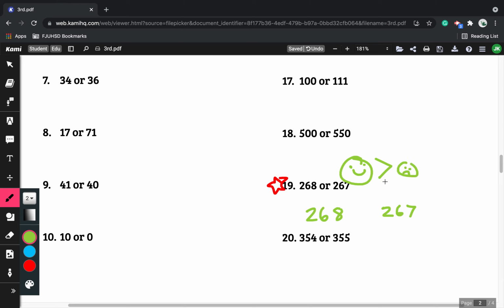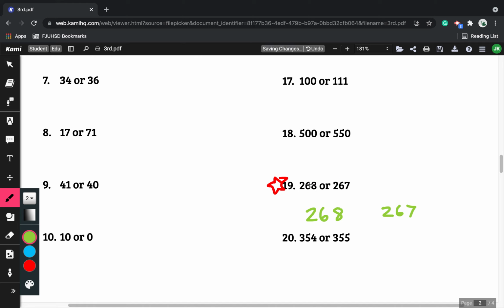The sign shows that that number is bigger than the other number. So what we do is go all the way to the left, the first digit, and we compare. So ignore those two. And then you compare which number is bigger.